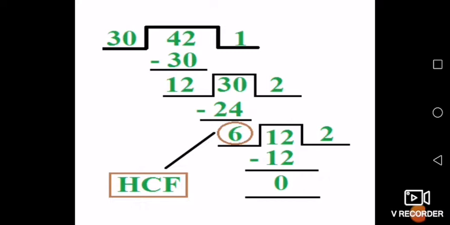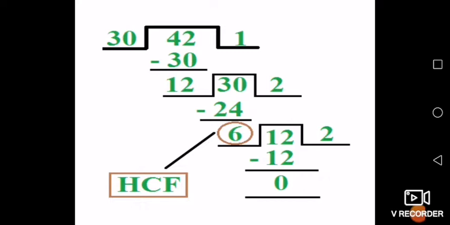Now you are getting 0 as a remainder. You can see in this example 0 as a remainder. So this 6, which is your last divisor, will become the HCF of the given two numbers, that is 30 and 42. So now children, tell me, what is the HCF of 30 and 42?